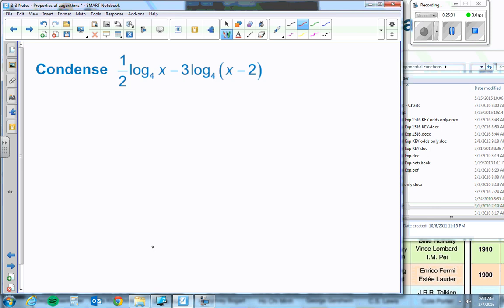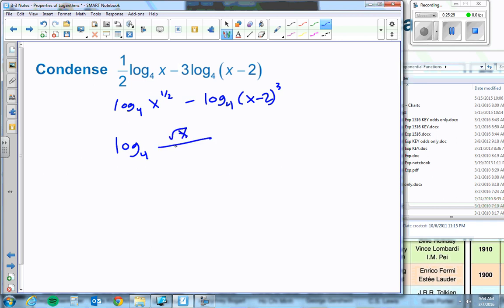Try this one next. Same idea, just with variables. And the final answer, if you have rational exponents, I want it expressed as radicals.